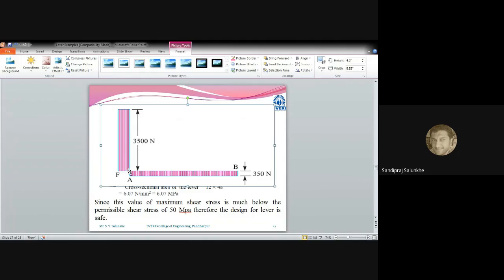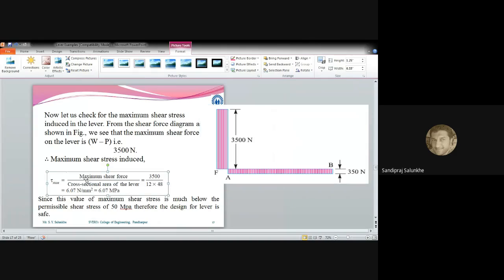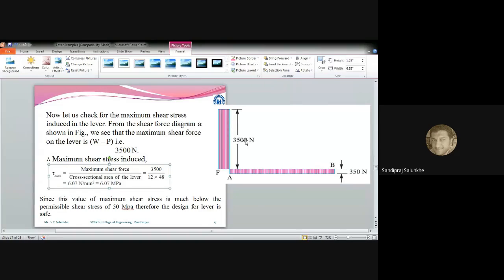At point A the lever is going to get sheared because of this shearing force. Shear stress is equal to force divided by area. The maximum shear force, 35,000 Newton, divided by the cross sectional area 12 multiplied by 48, comes to 6.07 megapascal or Newton per millimeter square.